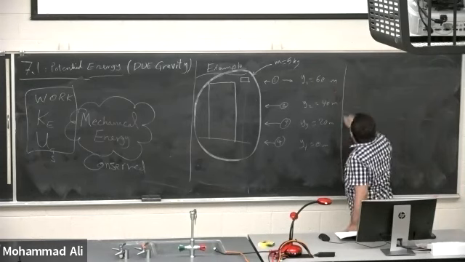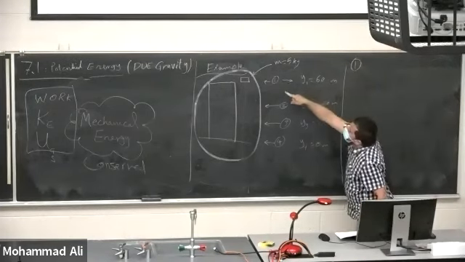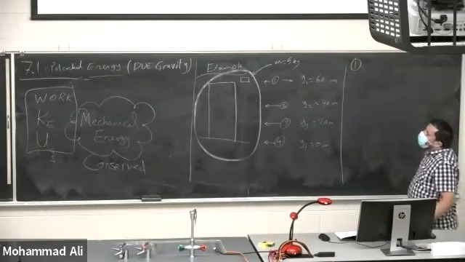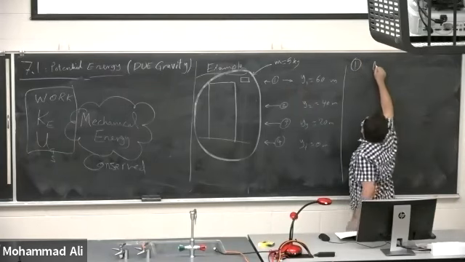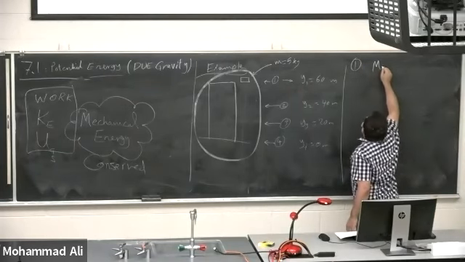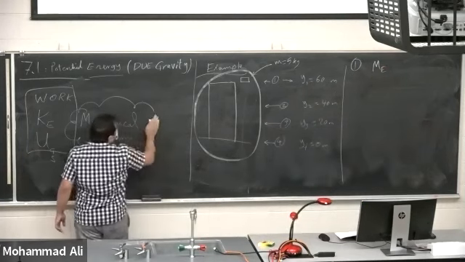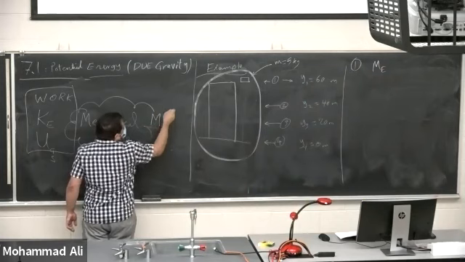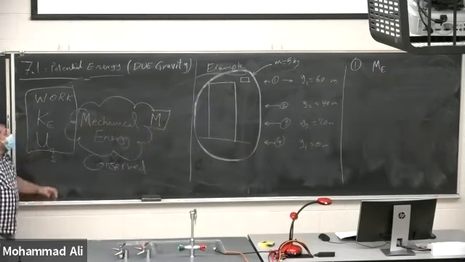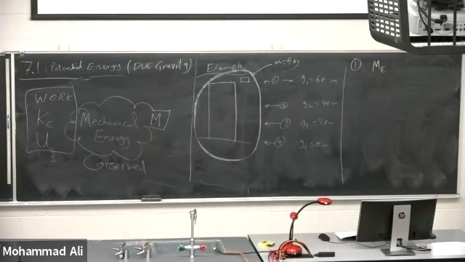In general, at point number 1, we have mechanical energy. The mechanical energy, we can call it capital M. And the mechanical energy, as we see, is the summation of these energies.